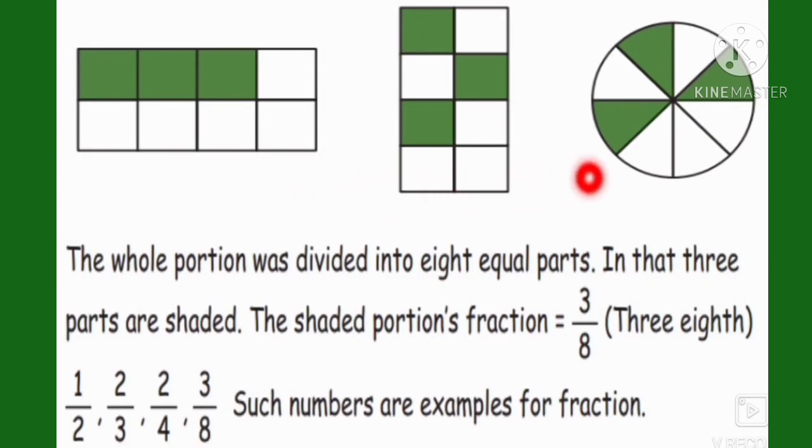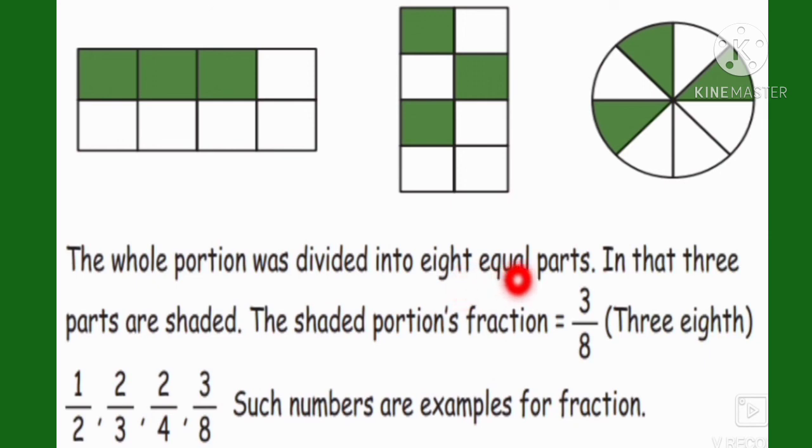Here, see the figure. The whole portion was divided into 8 equal parts. So 8 will be the denominator. Yes, 8 will be the denominator, because the total number of parts which make up a whole represents the denominator.